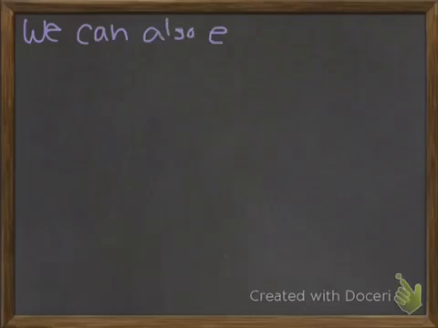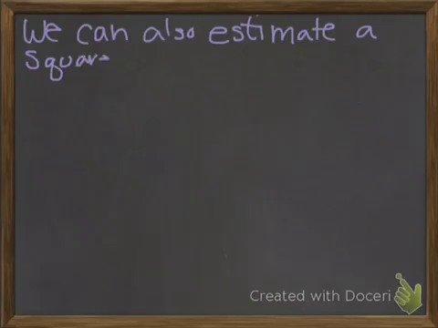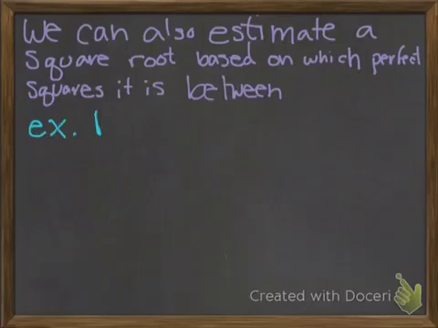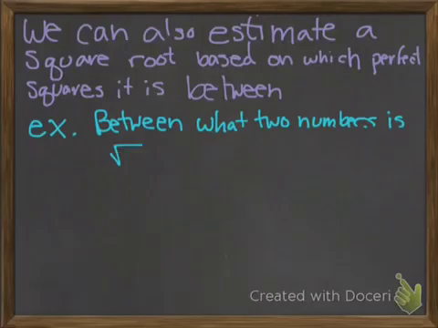So finally, the last thing we can do with our square roots is we can estimate a square root. So if we're given a number and we can't tell the square root of it, we can tell what numbers it's between. So our example below is: between what two numbers is the square root of 14.52? So first of all, the first thing we need to think of is what is a perfect square that is less than 14.52 and a perfect square that is greater than 14.52.